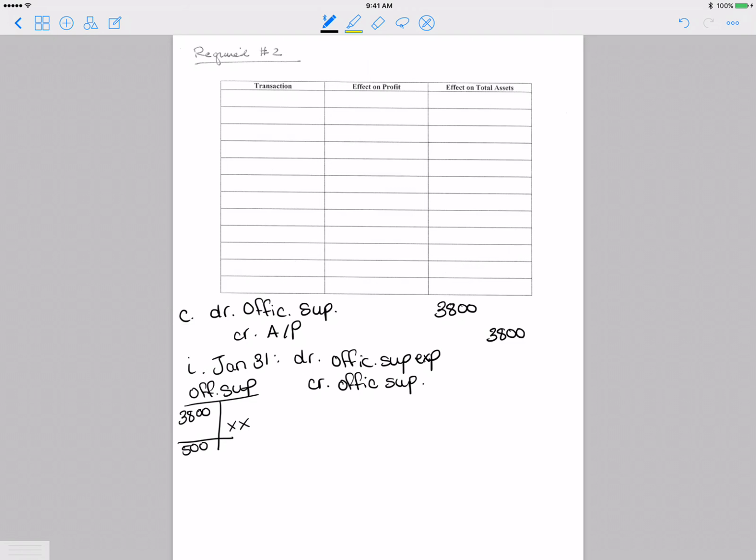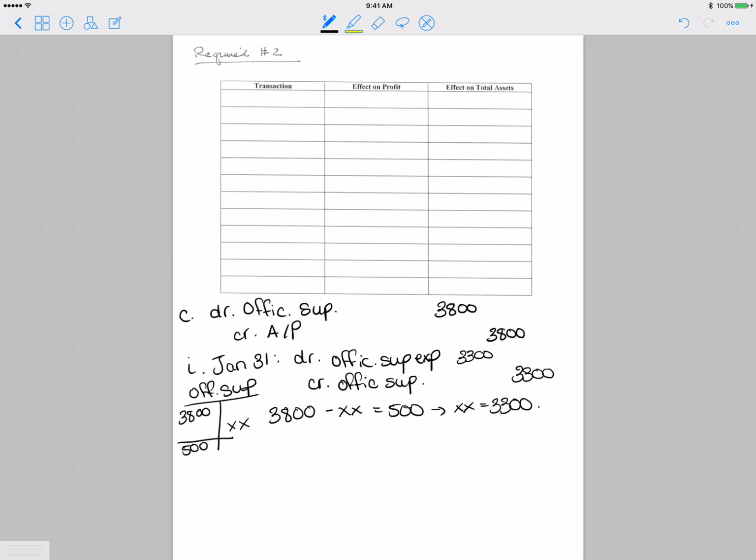If we look here, that means that we have to do $3,800 minus the amount that we used is going to give us $500. If we solve this, it gives us that the amount we used was $3,300. So we can just put in here $3,300 and $3,300.